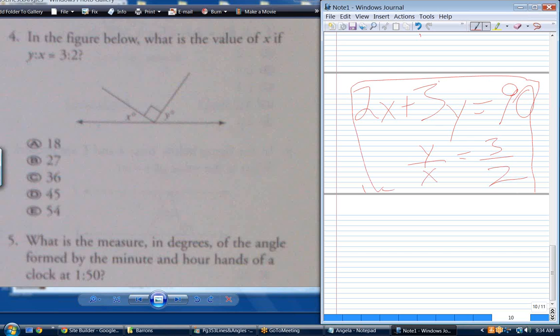But I still think the easier way to do it is to back solve it. The moment you find out that 2x plus 3y equals 90, it's real easy to take the next step of back solving rather than writing out that second equation and solving 2 equations and 2 unknowns, because back solving works so easily from this point forward.